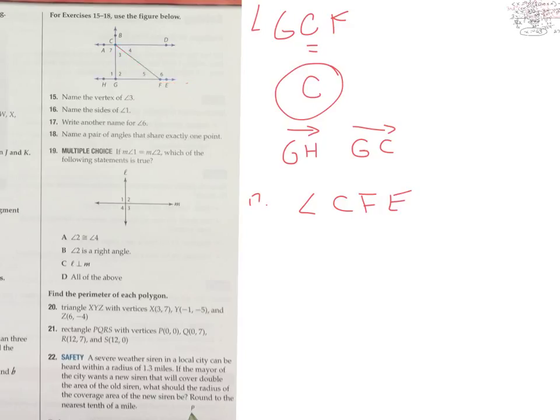Name a pair of angles that share exactly 1 point. Now, they couldn't be adjacent because all these other ones would share 2 points then. You'd have the point of vertex and then the point on the side they share. So let's go ahead and name two angles that share only 1 point.